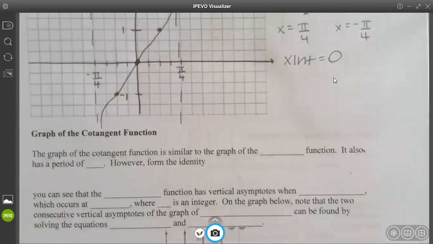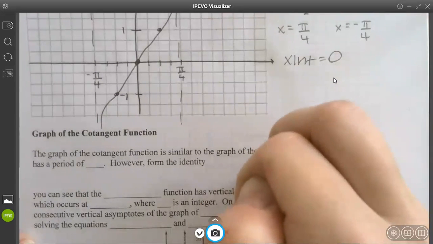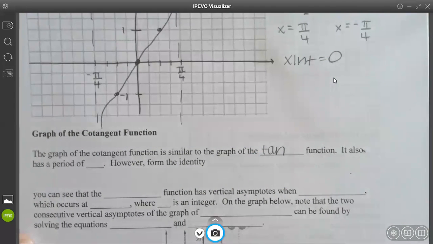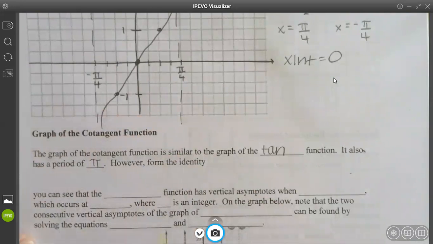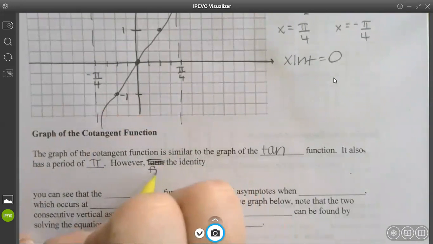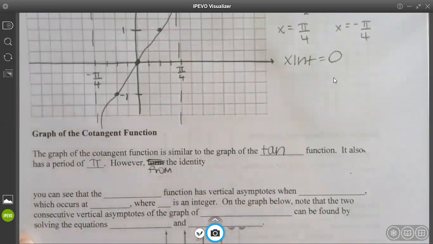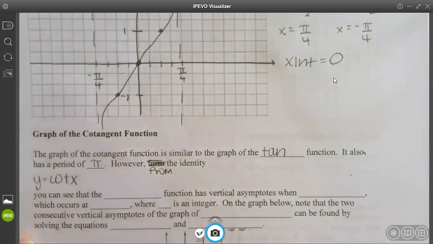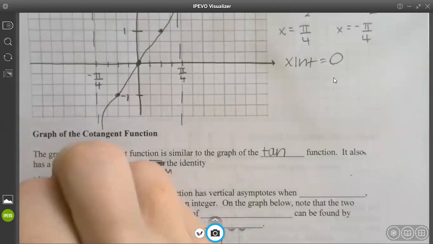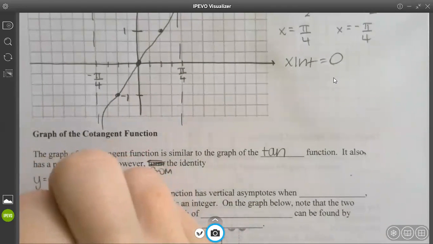All right, graph the cotan function. What is cotan? It's basically the opposite of tangent, the reciprocal of tangent. The graph of the cotangent function is similar to the graph of the tan function. It also has a period of pi. However, from the identity, y equals cotan x, which is actually cosine over sine.